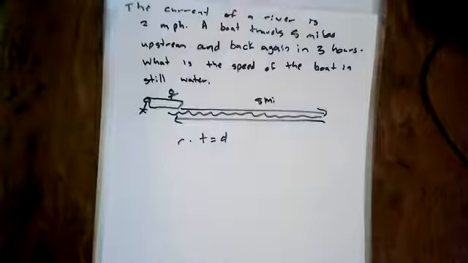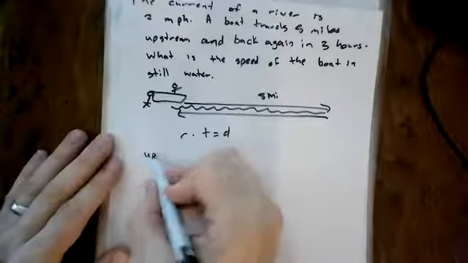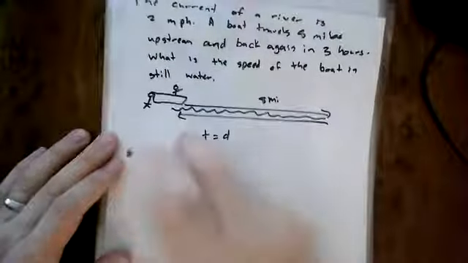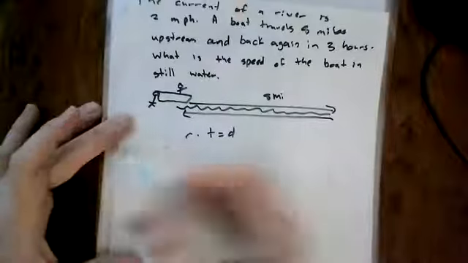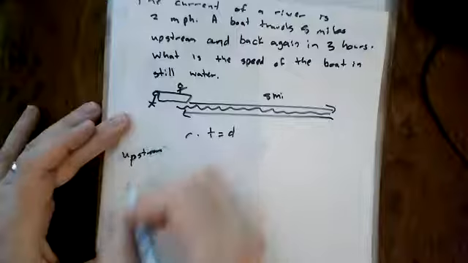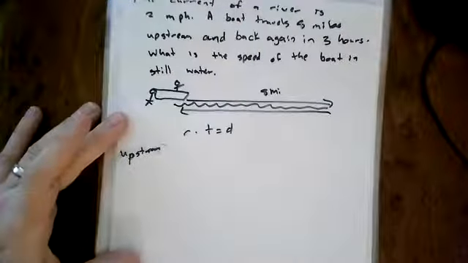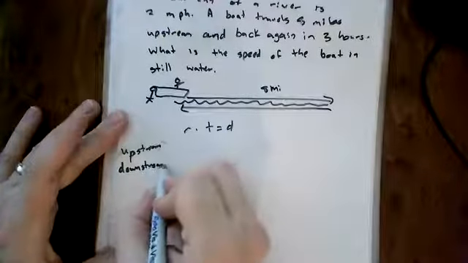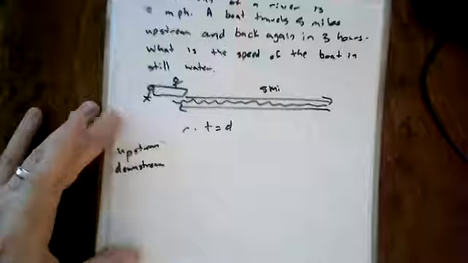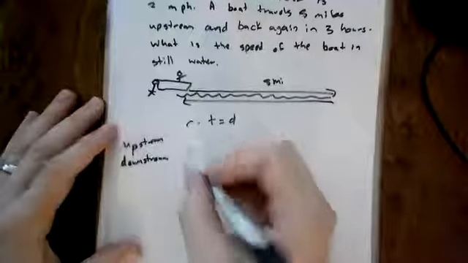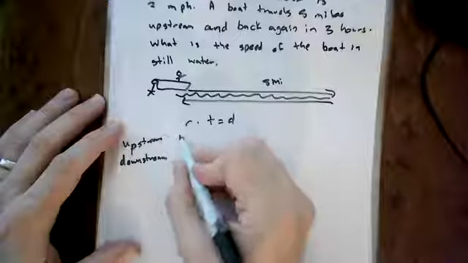So if I take a look at upstream and downstream, I'm gonna move this over. So if I've got my upstream and downstream, then here we're going to end up with our boat.